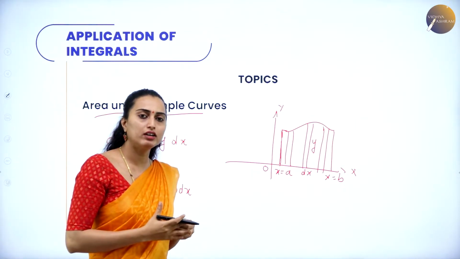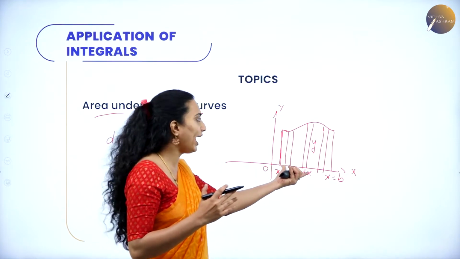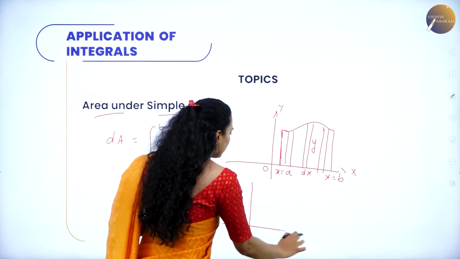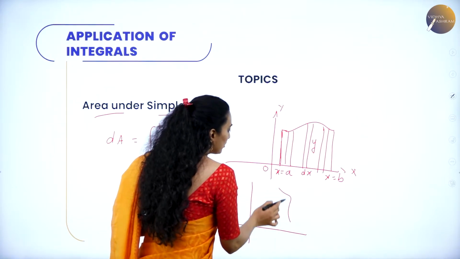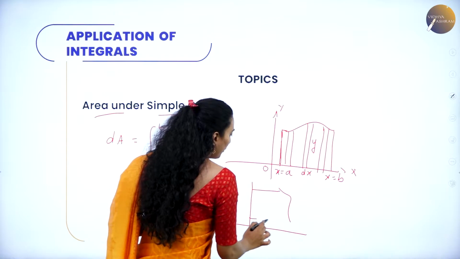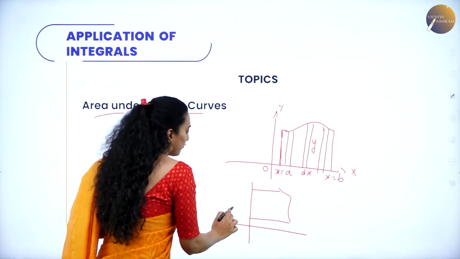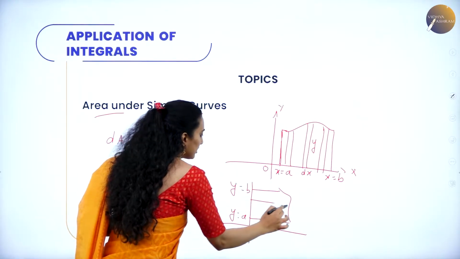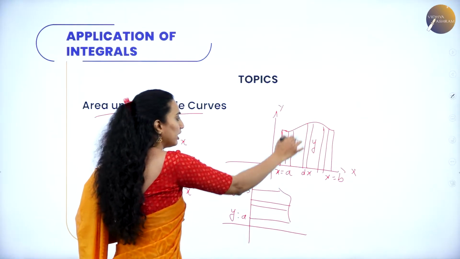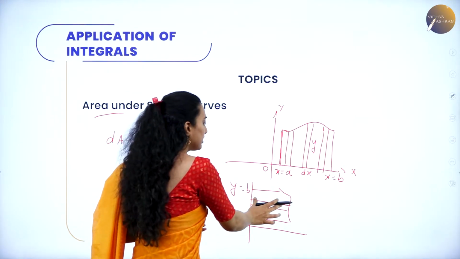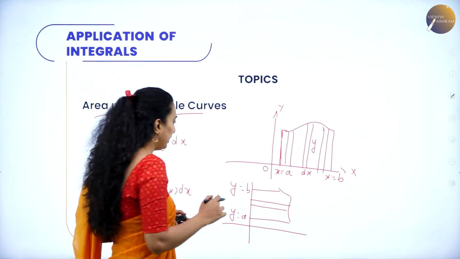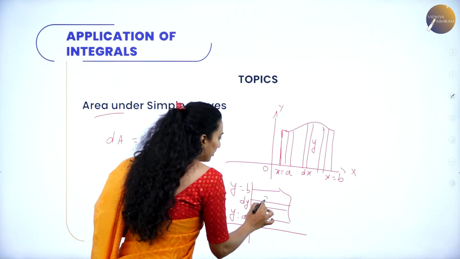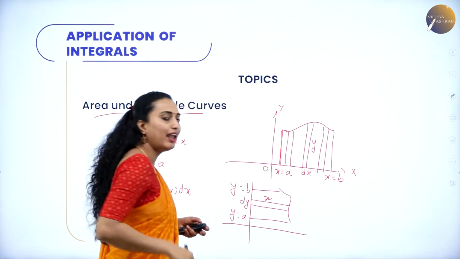Similarly, if you are having a curve about the y-axis, whereas this was about the x-axis. Suppose about the y-axis, the curve will be like this. So this is the curve you are going to draw about the y-axis, from y is equal to A to y is equal to B, and this is a stripe. This is a vertical stripe and this is a horizontal stripe, and this is dy, and this is x because it is parallel to the x-axis.